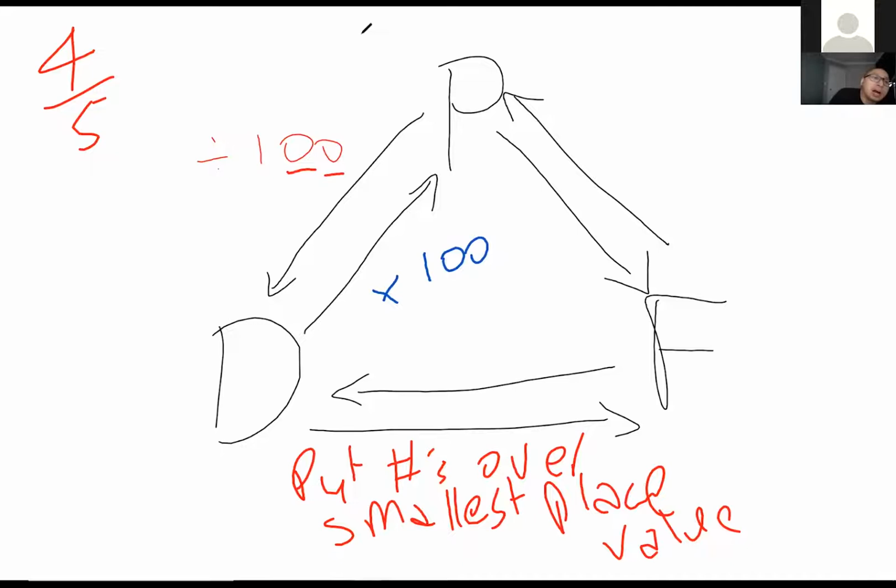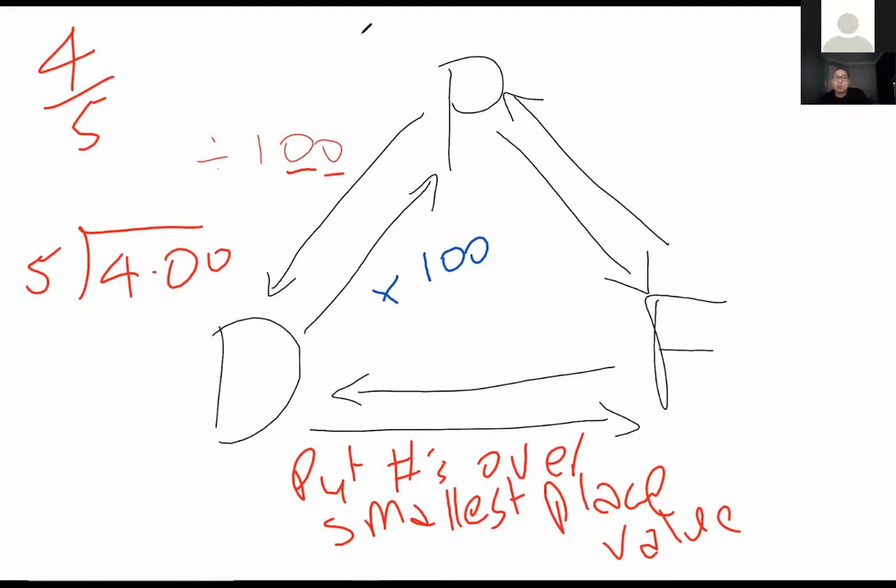If I want to do this, I go, how many 5s fit into 4? Anyone remember doing this kind of division back in year 5 and 6? I know this is going to be a decimal, so I'm going to put a decimal point and some zeros in.